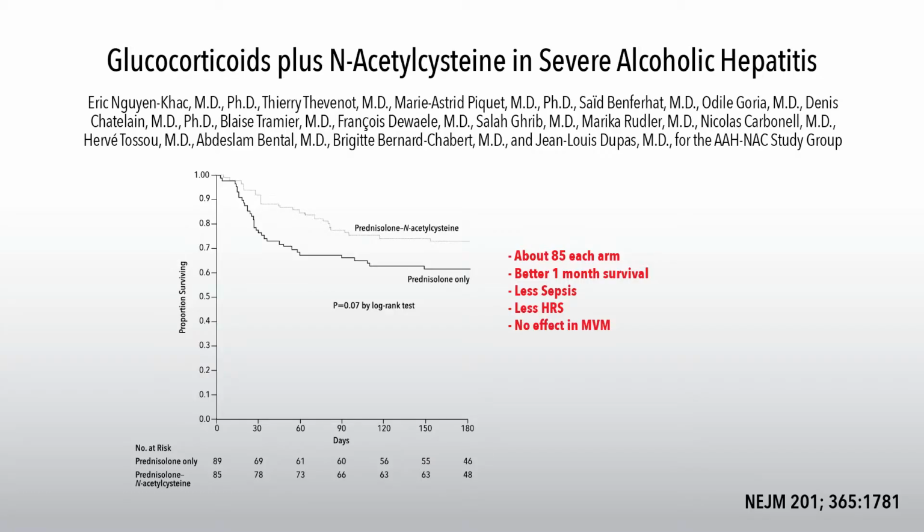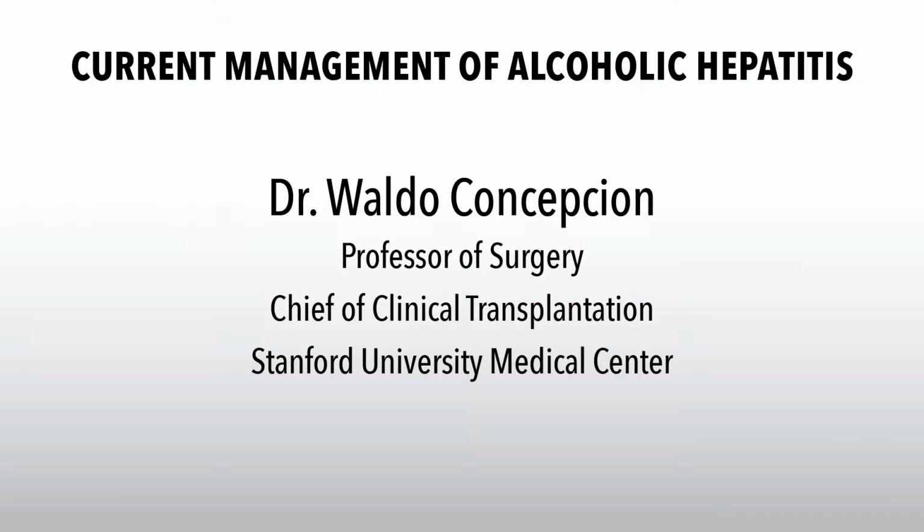In this French study, there was a trend towards improved survival when you added NAC to prednisolone, but it did not reach statistical significance. This brings us back to the art of managing alcoholic hepatitis and a consideration for NAC as an add-on in patients, but the data is not strongly supportive.